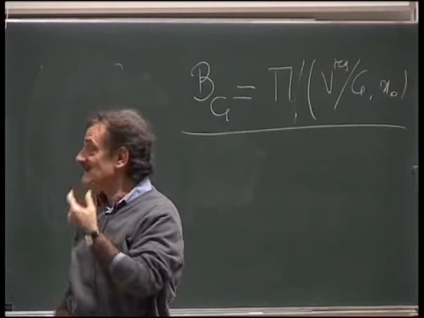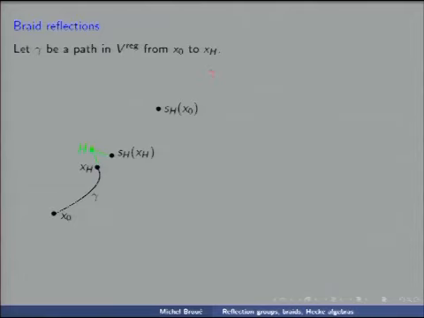So what do I do? First of all, I choose a path gamma from x naught to this point which is near H. Then I turn around the H as I did in the previous slide. I slowly deform the reflection by turning around.